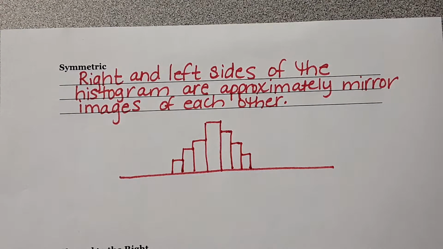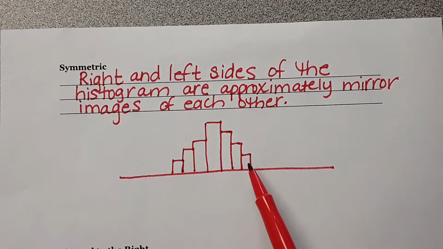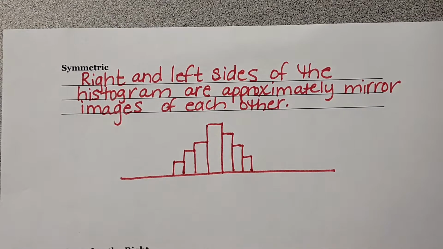If you have a distribution, and you always talk about a distribution: shape, center, spread, talk about those gaps. If you get a histogram that looks like this, you would say the distribution of, let's say we were talking about heights, the distribution of height is approximately symmetrical with the center in this. And the spread, right now we're going to talk about the spread from the smallest to the largest.